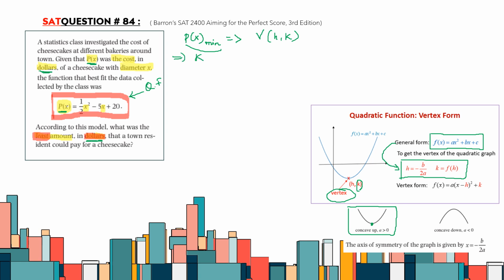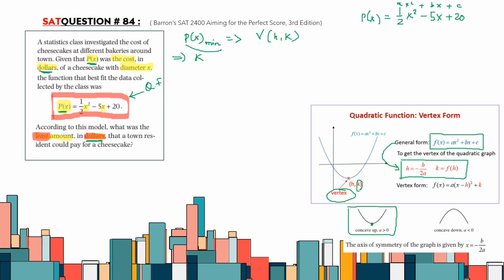Okay, let's solve this problem quickly. We have P of X equals 1/2 x squared minus 5x plus 20. The coefficient of the x squared term is 1/2, which is positive. In ax squared plus bx plus c, a is 1/2.